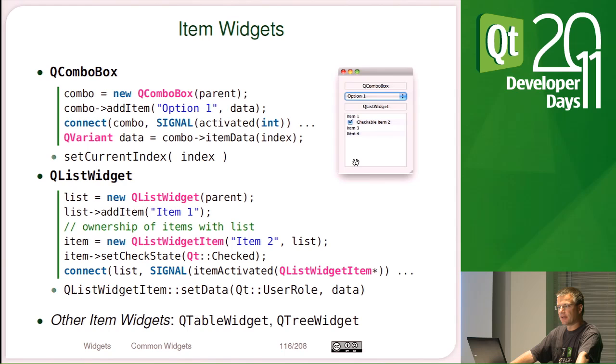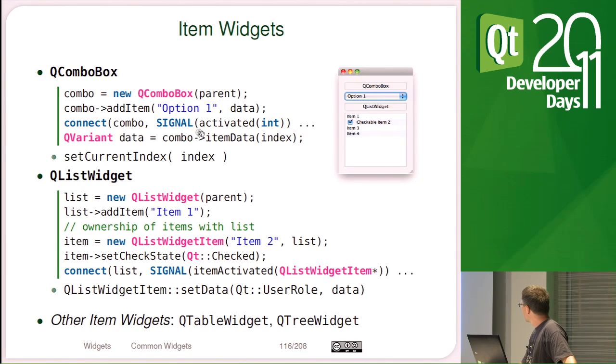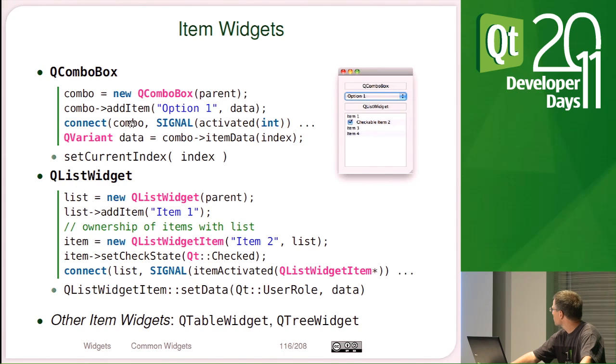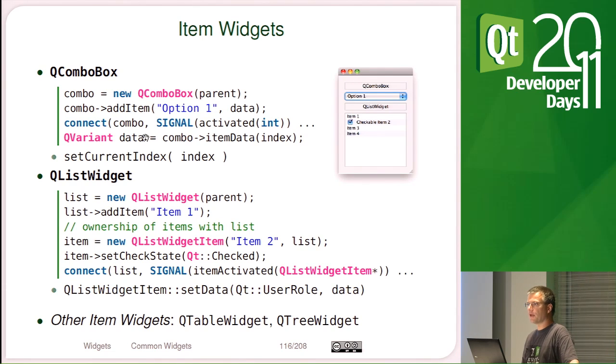Of course, everybody knows what a combo box is. In Qt, it's QComboBox. And we can add different items to the combo box. We can also supply some additional data to each item within our combo box.